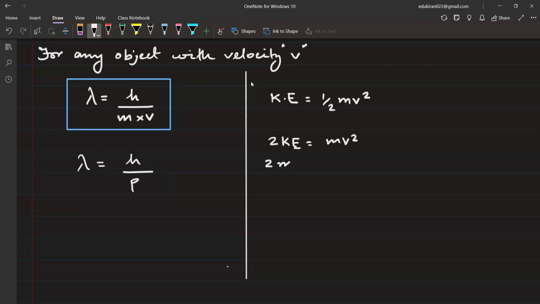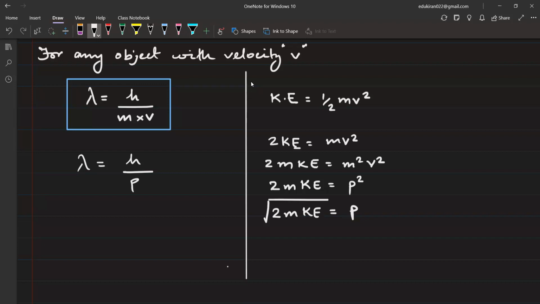So I will get 2 into mass into kinetic energy is equal to mass square into velocity square. Now I can write 2 into m into kinetic energy is equal to mv whole square. That means it is equal to momentum square. Now I can write root of 2 into mass into kinetic energy will be equal to momentum. So from here I can also write, instead of momentum, lambda is equal to Planck's constant divided by root over 2m kinetic energy.